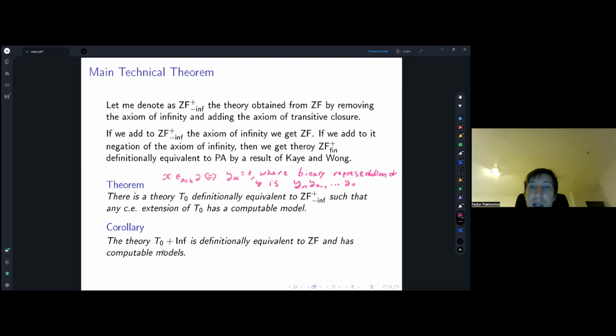This is the result of Ali Enayat, Albert Visser, and James Schmerl: the only computable model of ZF plus phi is the standard model. So in particular, we couldn't have chosen T0 to be simply ZF minus inf. This wouldn't work. We need some difference.